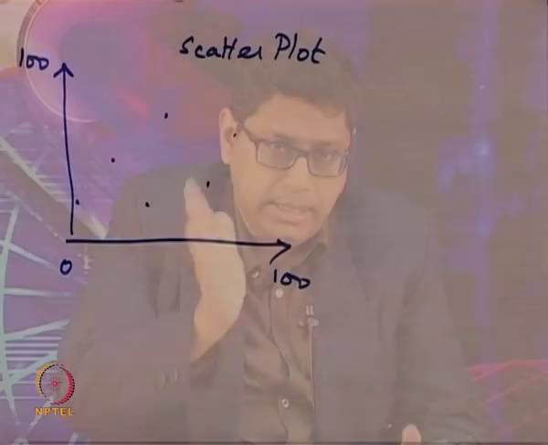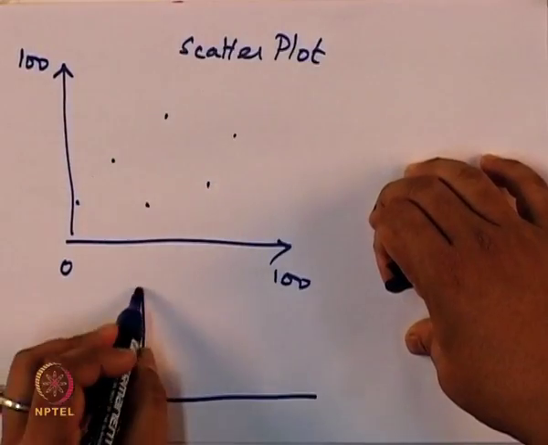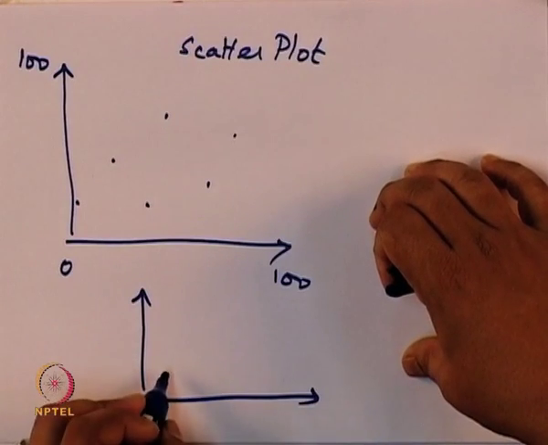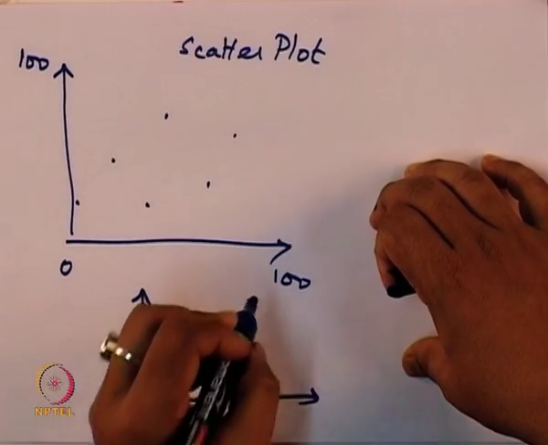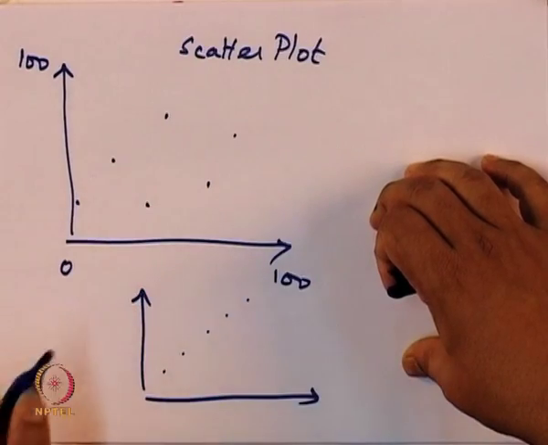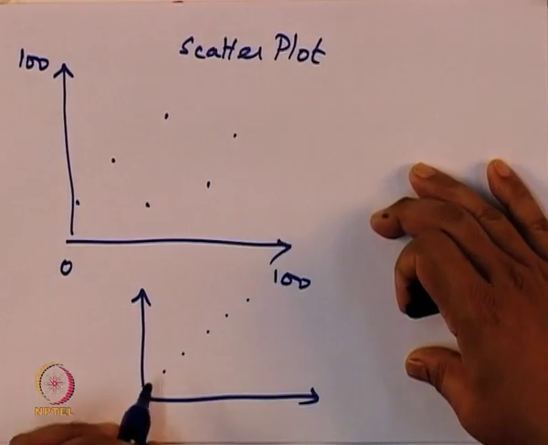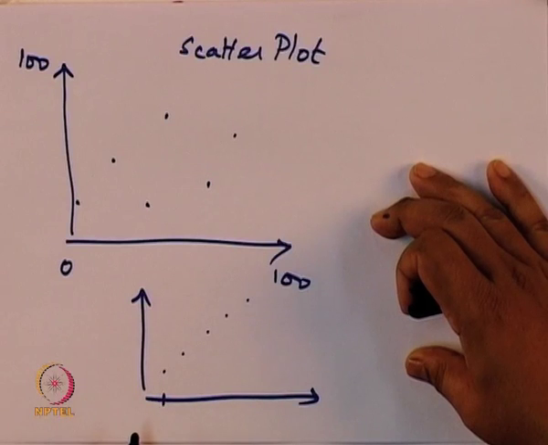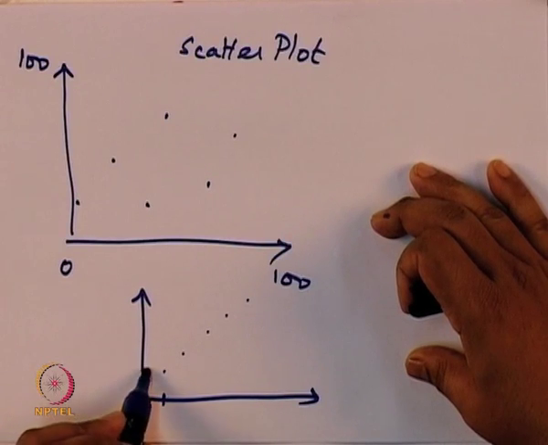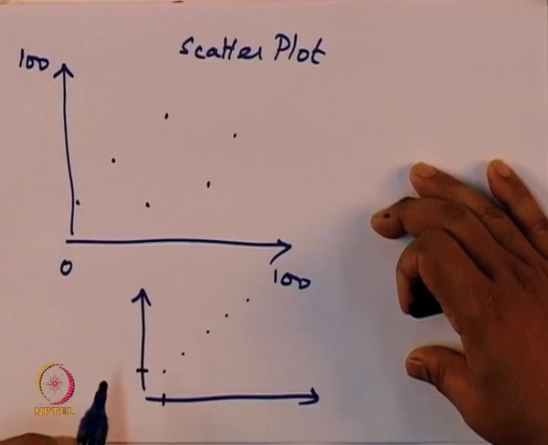So, if you see a very positive correlation, let us just say one simple case that you have sorted this data and plotted it such that, here I have just randomly plotted, but you have plotted in such a way that the student with the lowest score in exam 1 also scores the lowest score in exam 2.